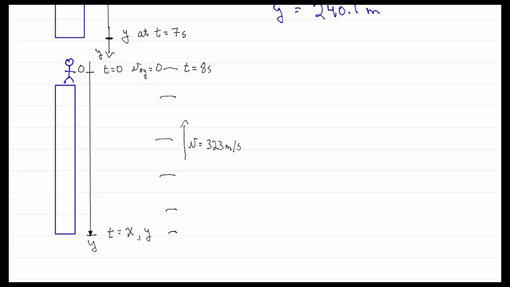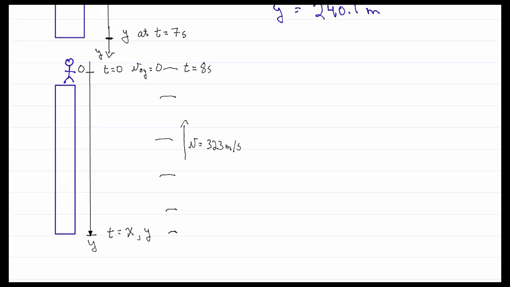So using this information, how do we figure out how deep the canyon is at this particular point? Well, let's break it into two parts. One is how far the ball falls and how far the wave travels. These two distances should be the same.